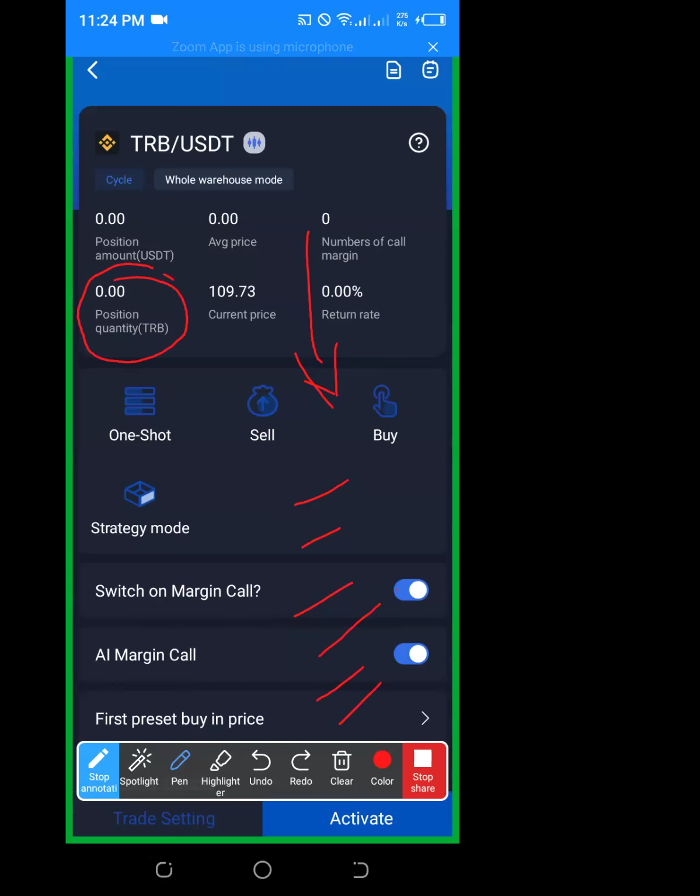We consider the quantity, guys. We don't consider how much you have invested. When you are trading using a robot, don't consider how much you have invested in that coin, but aim at accumulating the quantity.